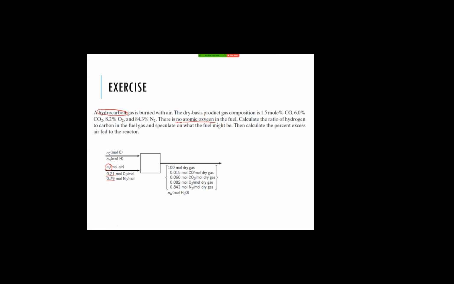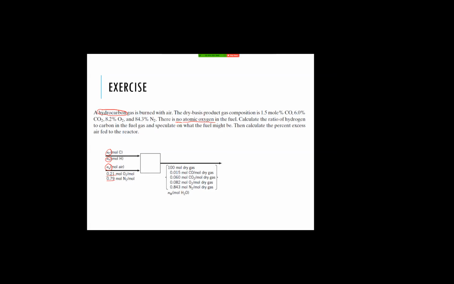So we can propose an inlet with a number of moles of carbon and an amount of moles of hydrogen that we don't know. We don't need the actual component to do this problem, because we know the combustion reactions for carbon and hydrogen.